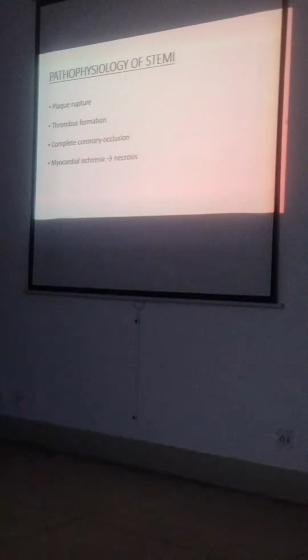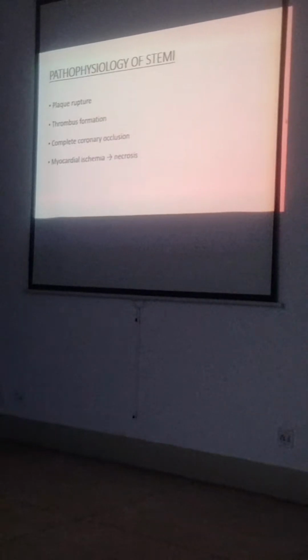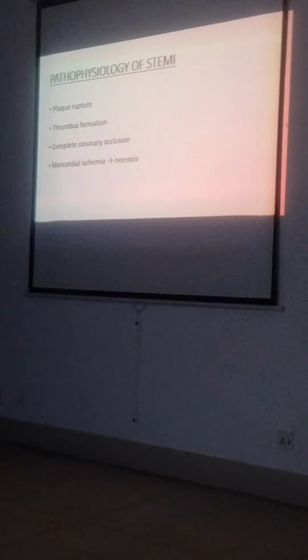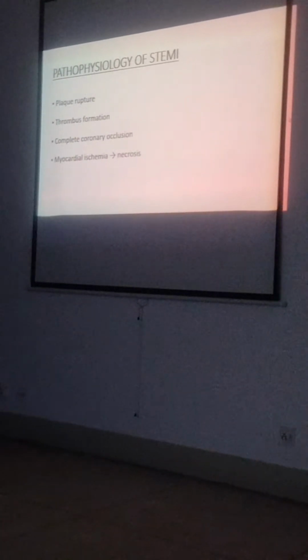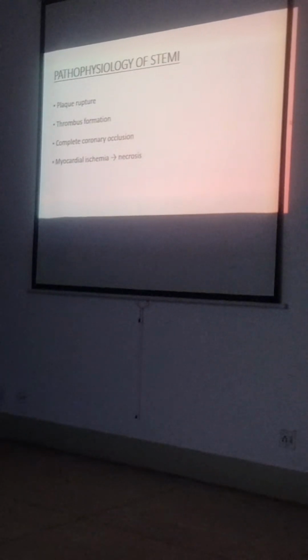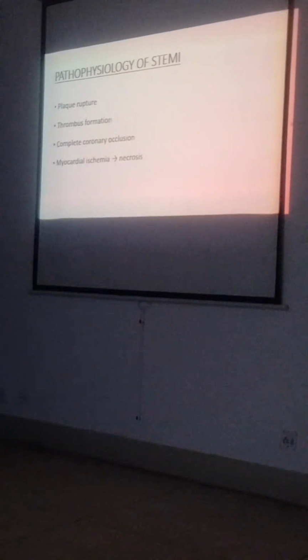The pathophysiology of STEMI: it occurs due to the rupture of an atherosclerotic plaque followed by acute thrombotic occlusion of the coronary artery. This results in complete cessation of blood flow to that particular LV segment.